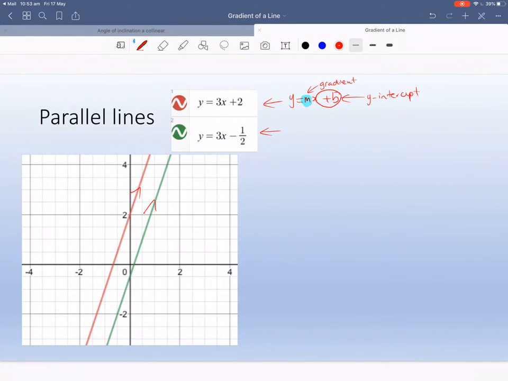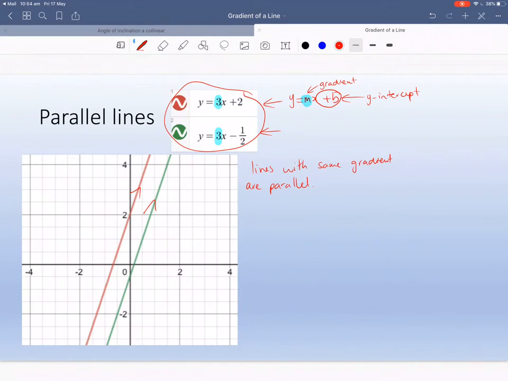You can clearly see that because here the y-intercept is 2, in the red one, and in the green one it's minus a half, and it does look like it's minus a half. We can see visually, and from the equation, that both these lines have the same gradient. So we can say lines with the same gradient are parallel.